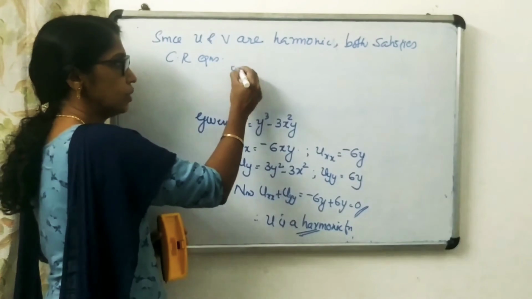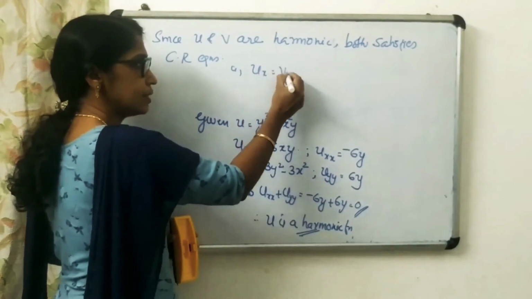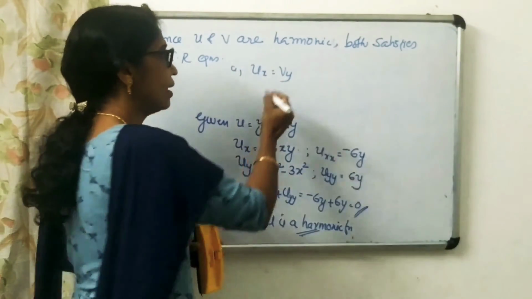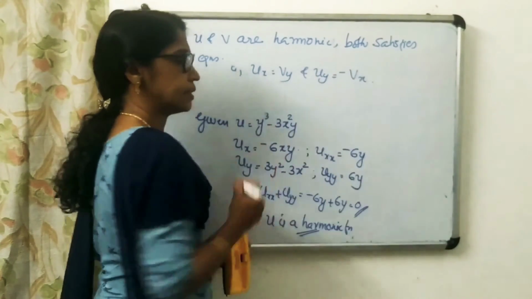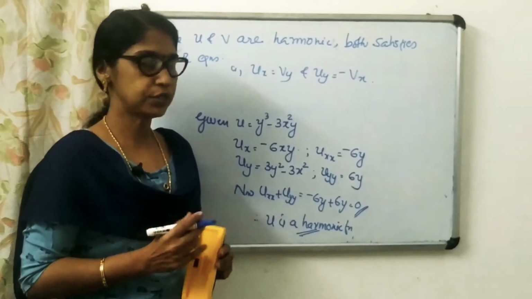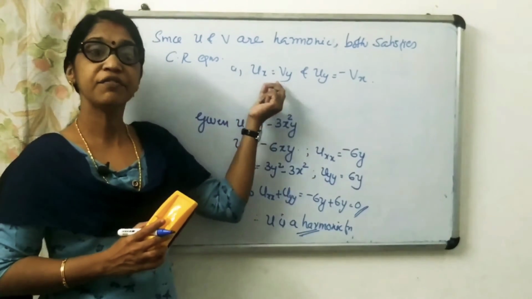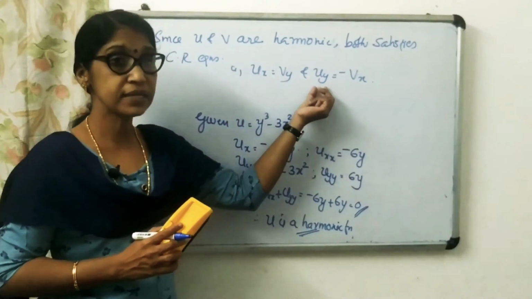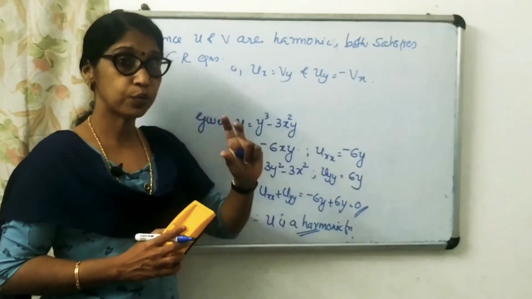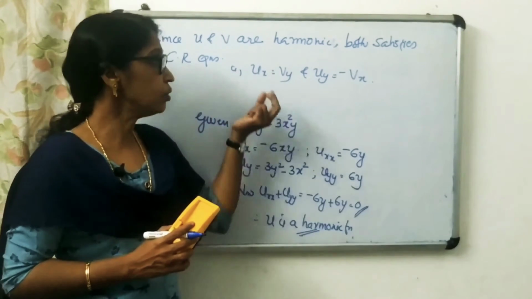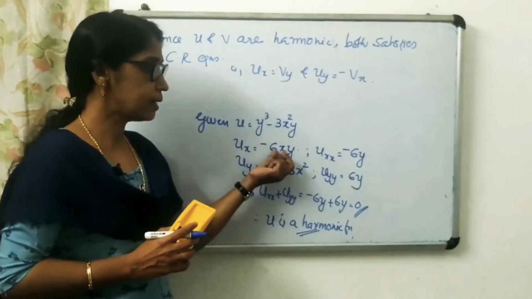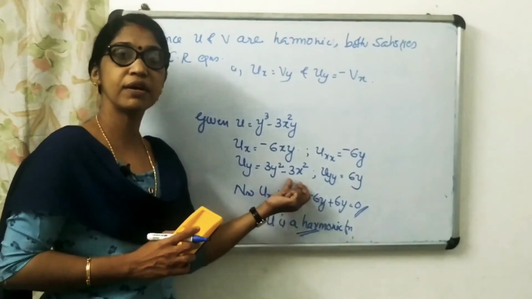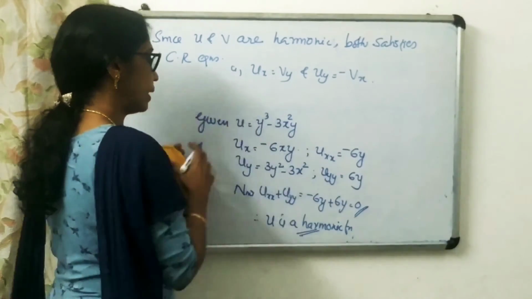The CR equations are ux = vy and uy = -vx. We know only u, we don't know v, so we know only ux and uy. Here ux = -6xy and uy = 3y^2 - 3x^2.